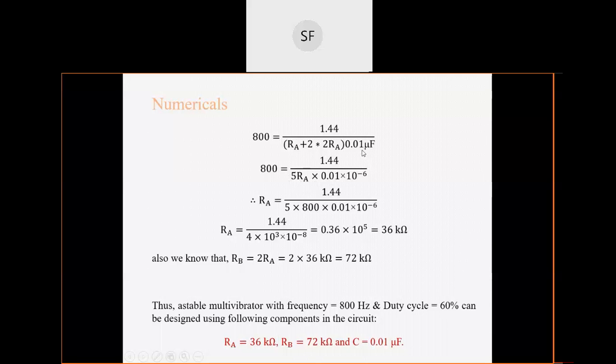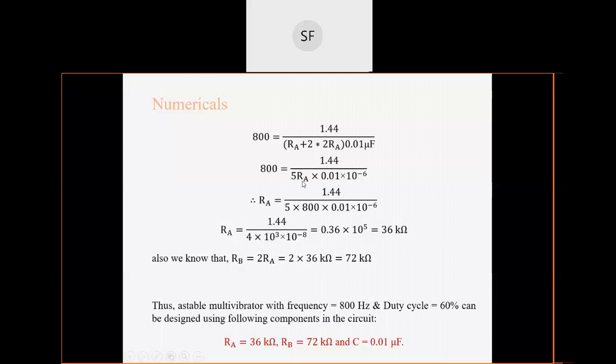The value of capacitor is 0.01, which is nothing but 0.01 into 10 to the power minus 6. Micro stands for 10 to the power minus 6. Okay, so now only one parameter is unknown and you can find the value of RA by solving this fraction.